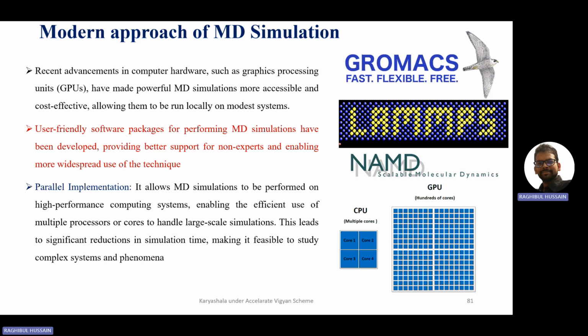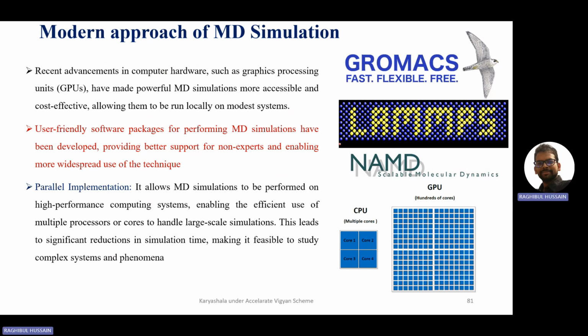Okay, so let's go one by one. Recent advancement in computer hardware, such as the graphics processing unit, has made powerful MD simulation more accessible, cost effective, and allows it to run locally on modest systems. The parallel programming of MD started between the 1970s and 80s.